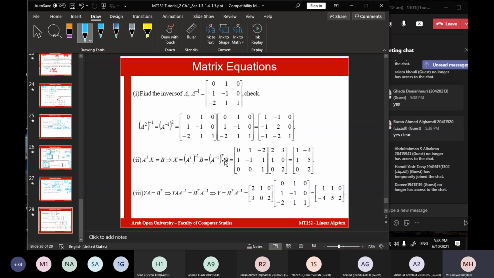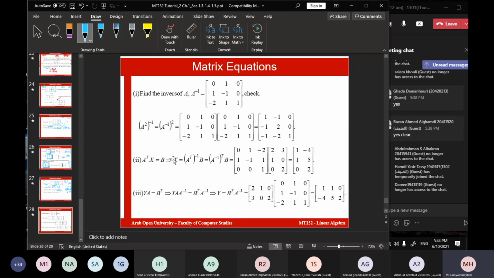So times B. This one, which was the inverse, I will take its transpose, change the row into column, correct? So 0 1 0 0 1 0 1 minus 1 and so on. And then we just multiply times the B, and I got the solution.